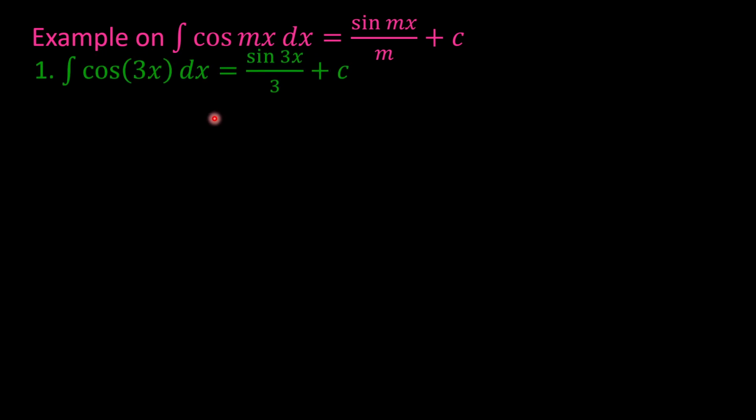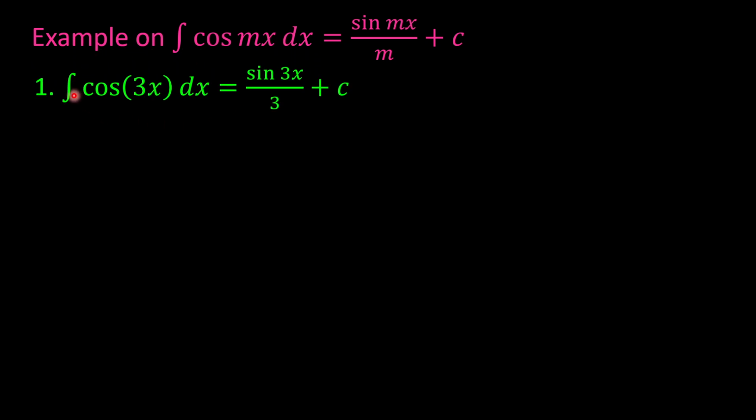Here in the first problem, we have to determine the integral of cos 3x with respect to x. If we compare this function cos 3x with cos mx, we'll find that here m means 3.